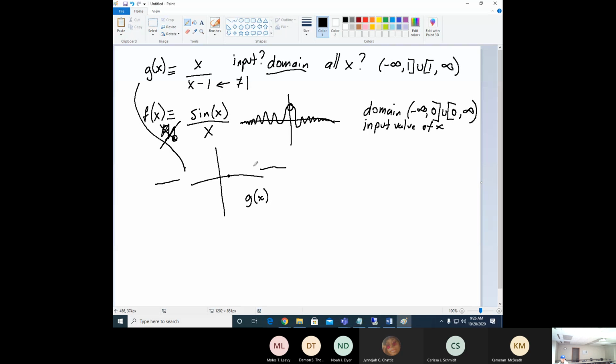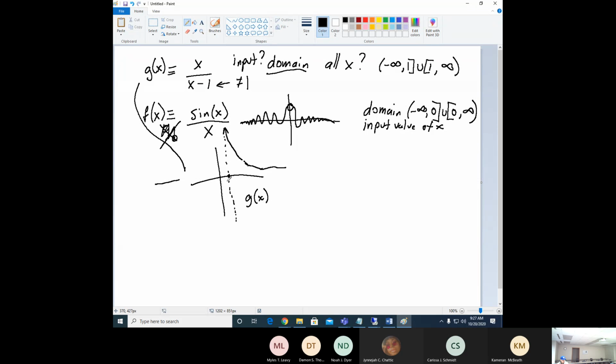So it gets very large as I get close to 1. So g of x is going to go sky high and head towards infinity right at the value where x is 1. We can never have x be 1 because we'll be dividing by 0. So this interesting thing happens when x is equal to 1. The function g of x approaches a very large number.